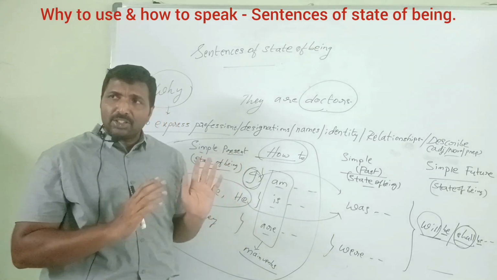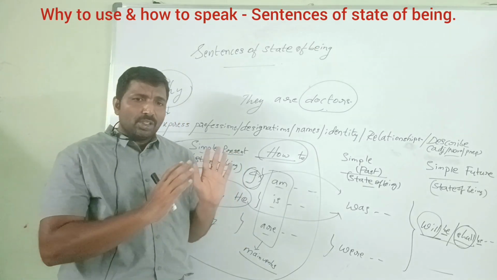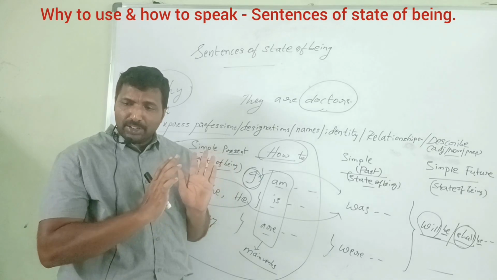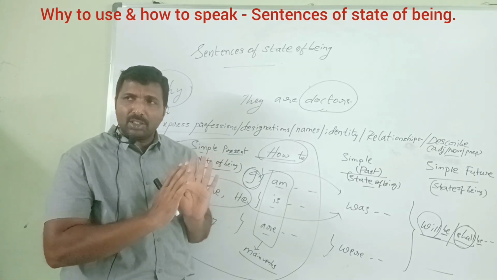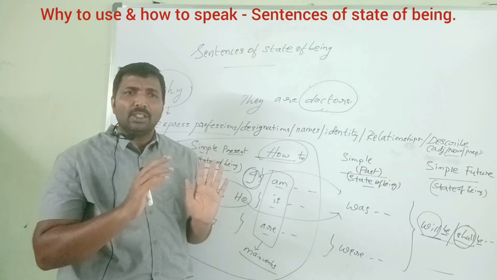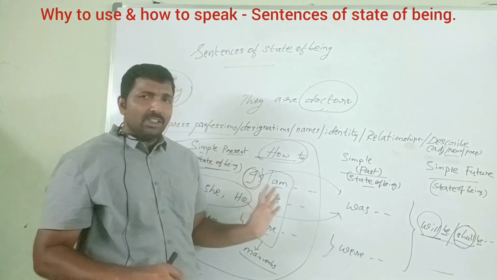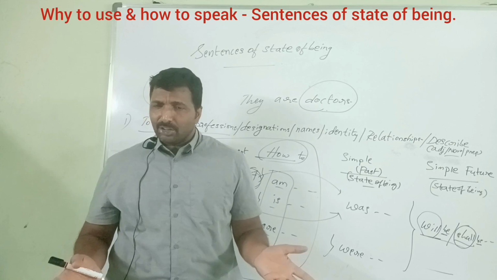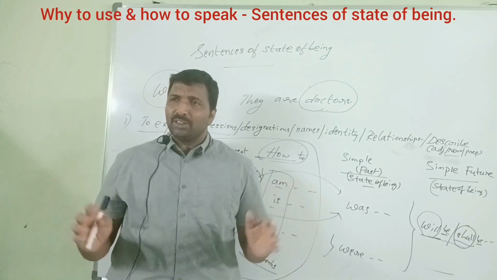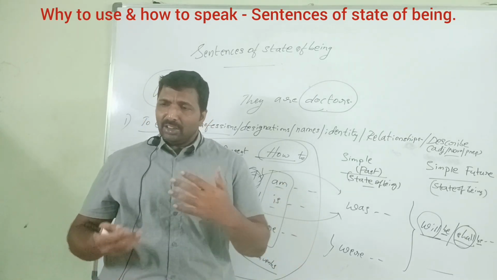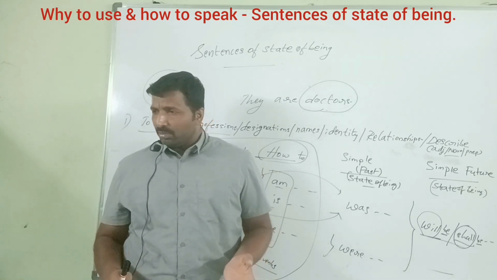Our discussion in this class is sticking to only state of being sentences. There is no discussion about possessive tense sentences, otherwise action sentences, active voice and passive voice. Remember that he is a teacher is a state of being sentence. State of being sentences don't have passive sentences. He is a teacher cannot be converted into passive.